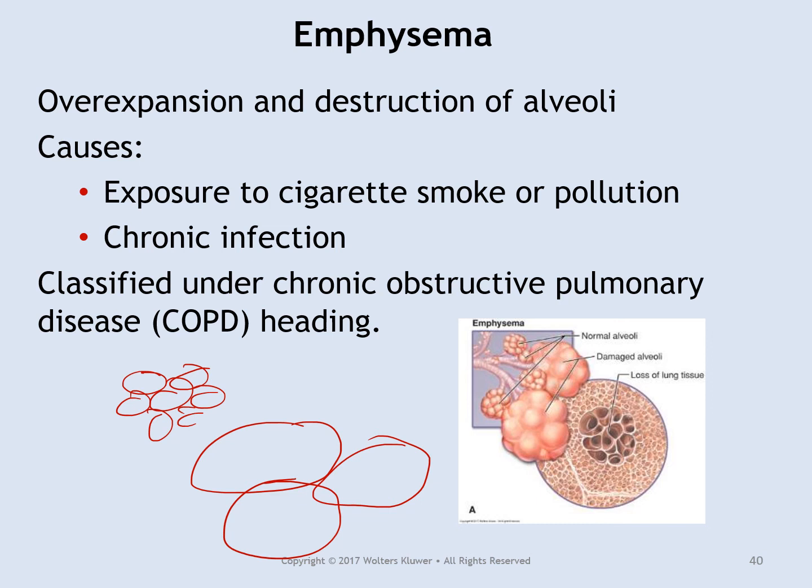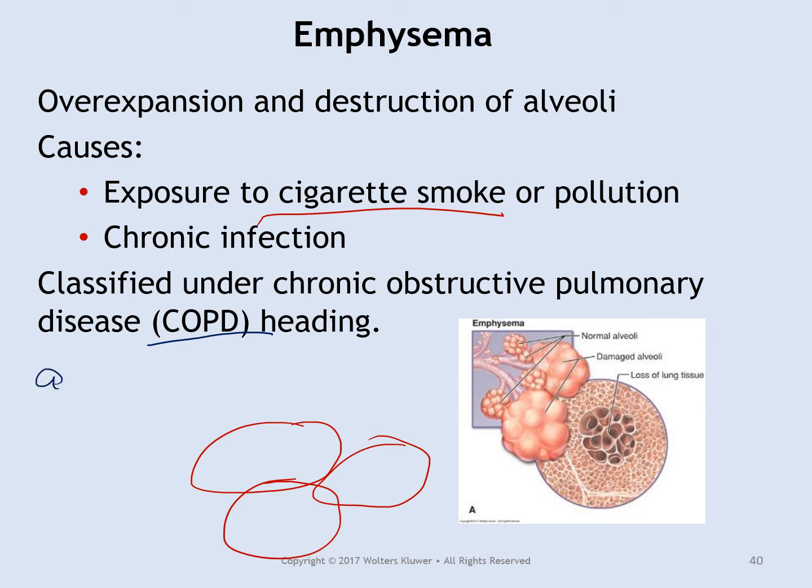Different causes of emphysema. Cigarette smoke is probably the biggest one. Smoking will damage and destroy your alveoli. If you live somewhere where there's really bad air pollution, if you are constantly dealing with lung infections, that will lead to emphysema as well. Emphysema is classified as chronic obstructive pulmonary disease, COPD. It's one of our 3 COPD diseases. Emphysema is one.